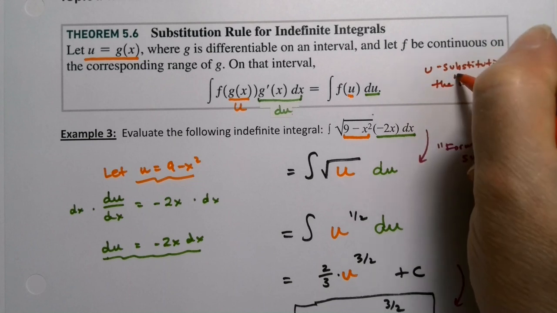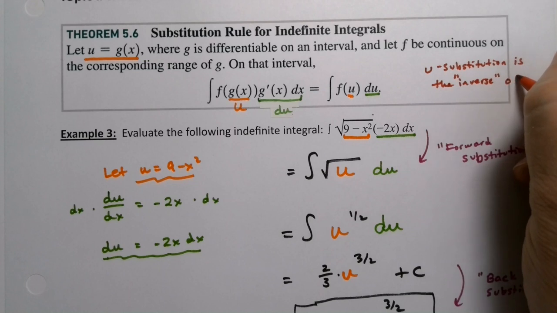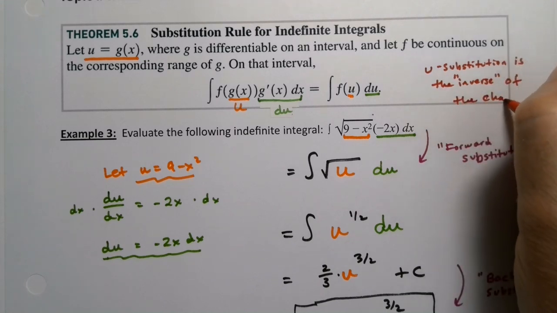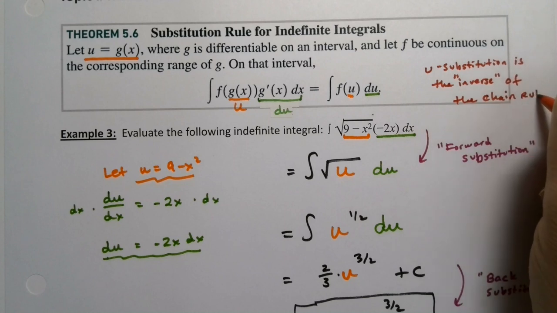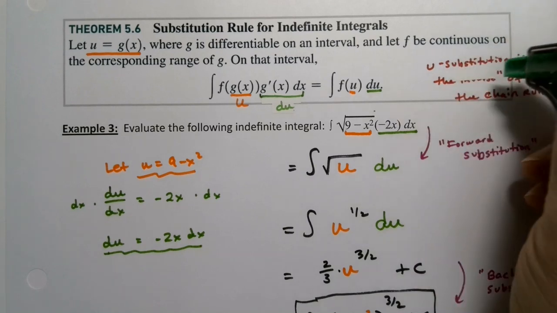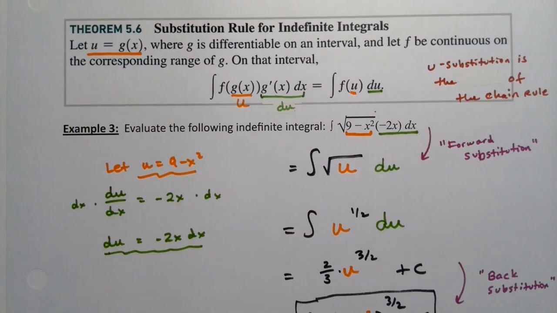I'm going to put it in quotes. It's not really, but it's along those lines. It's the integral, or excuse me, the inverse of the chain rule. Or I guess I could say the companion of the chain rule. It's its compatriot. There, that'll work.